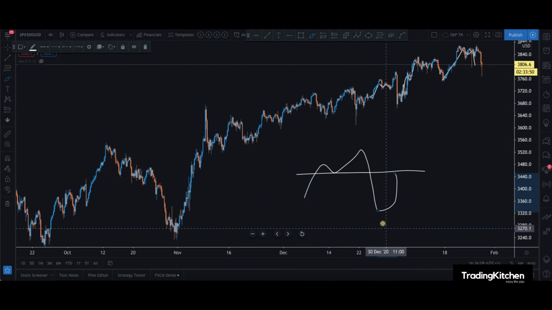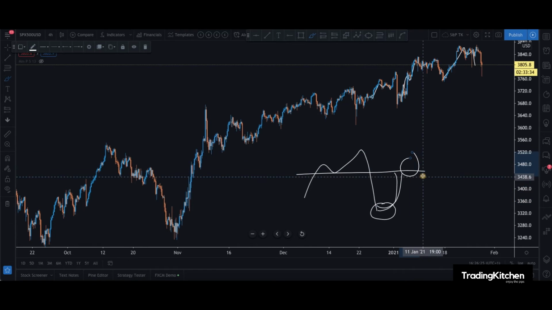So we have two kinds of trades here, because first of all, price will try to go up to test again the neckline, and then we have here another trade.